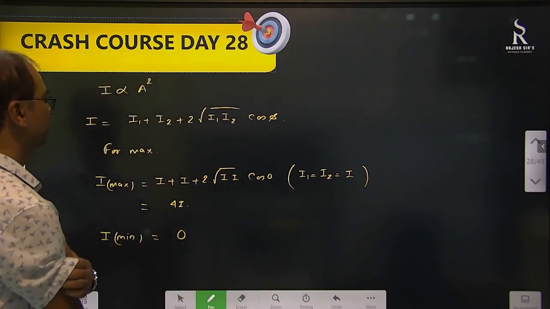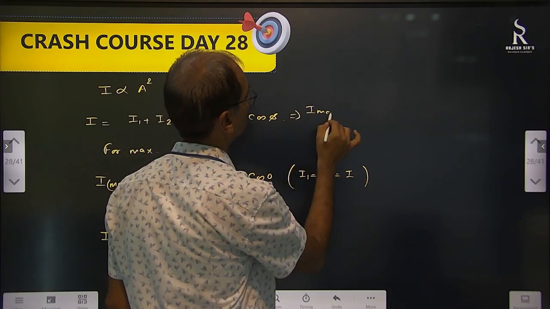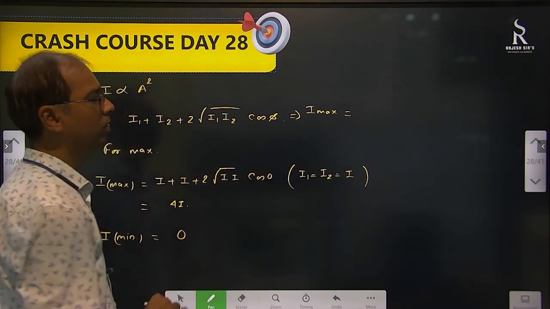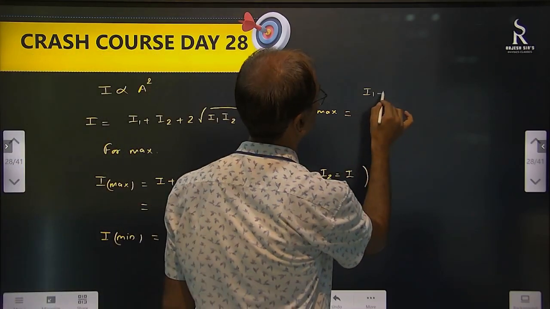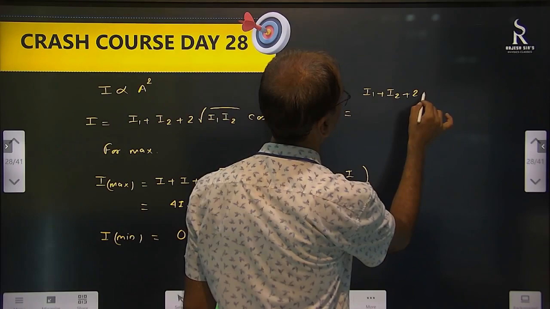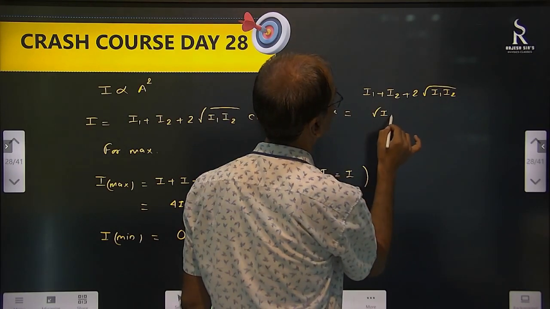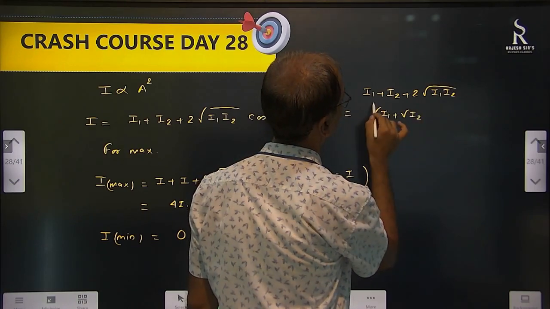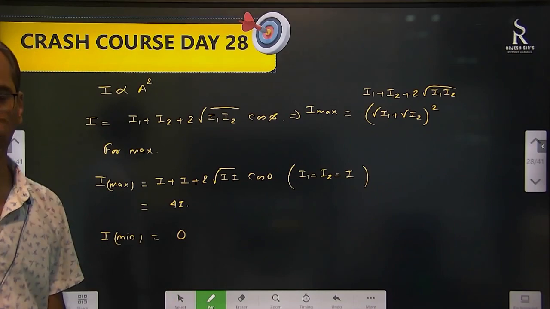So I max means this cos phi we are going to write as 1. So I1 plus I2 plus 2 root over I1 I2. That means this is (root I1 plus root I2) whole square. So I maximum is (root I1 plus root I2) whole square.